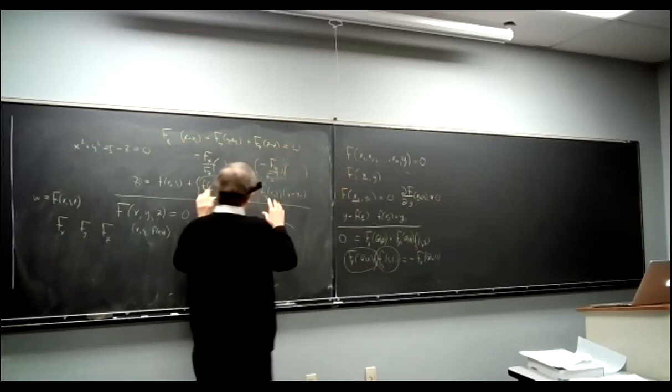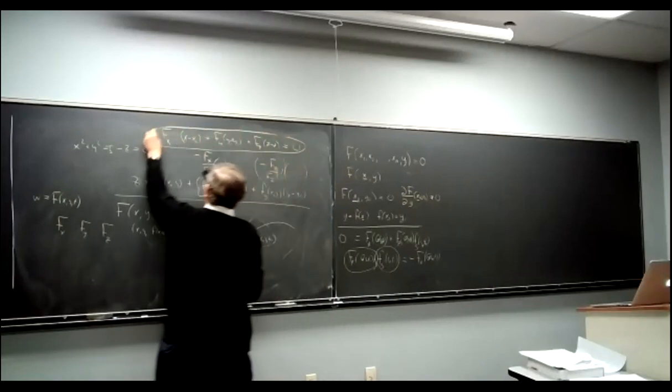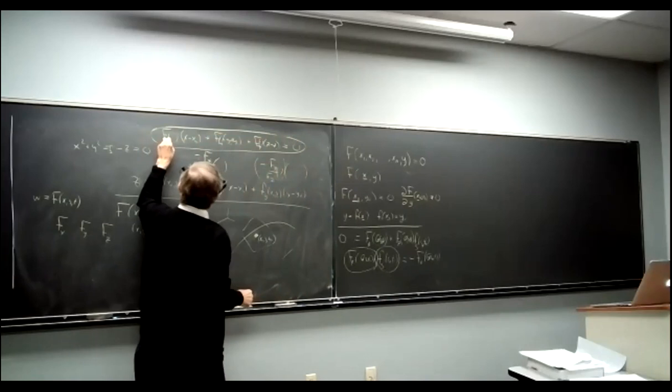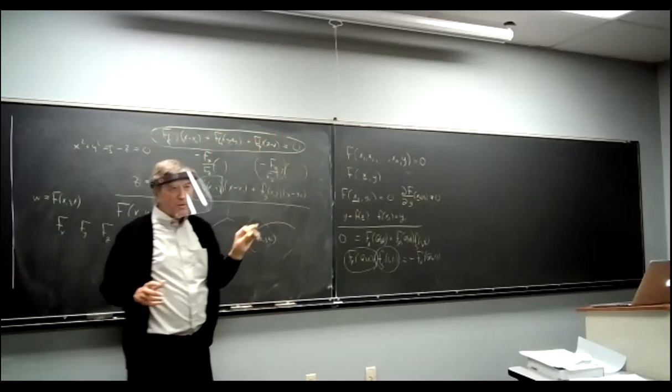If you do what I said and just multiply out, this is what you will get. Now, these are all evaluated at some place. Anyway, I get these three things added up, give me 0.